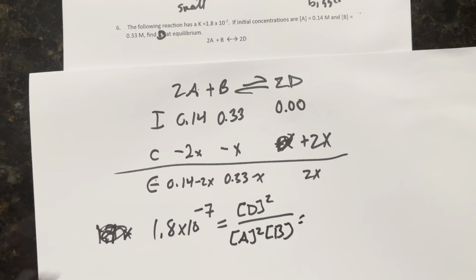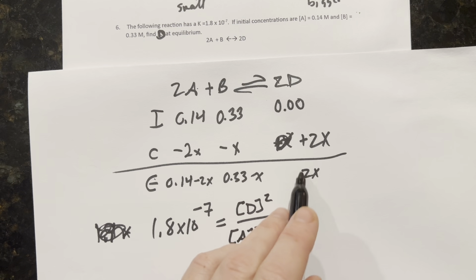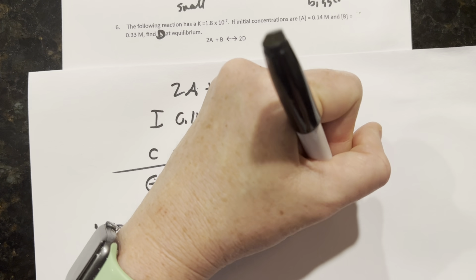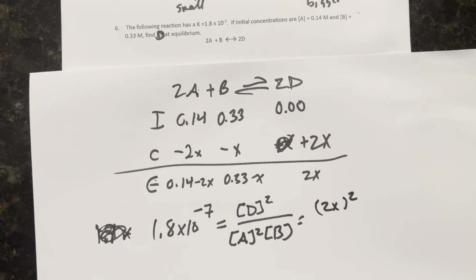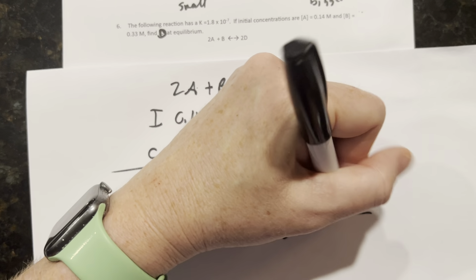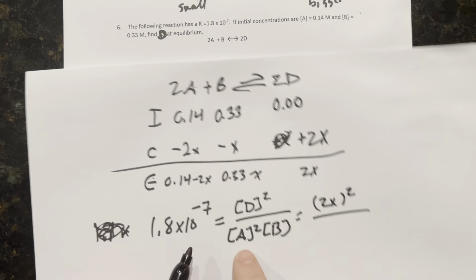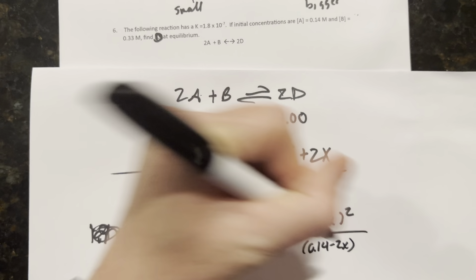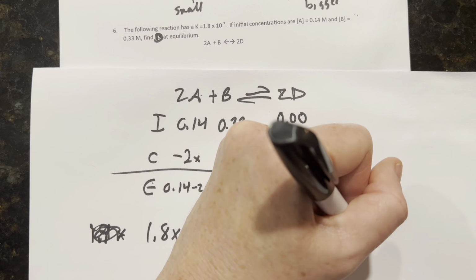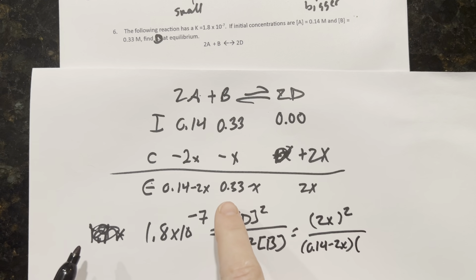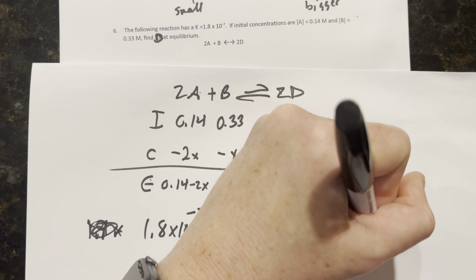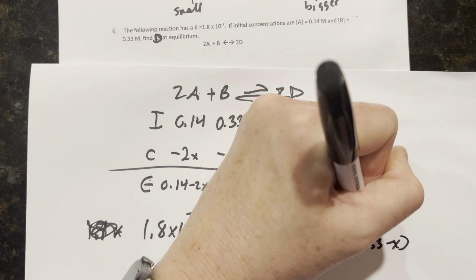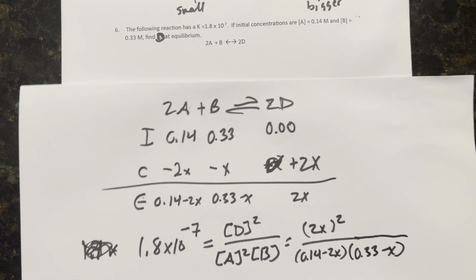So if we plug and chug these numbers at equilibrium, put this 2X into there, we have 2X squared all over 0.14 minus 2X times 0.33 minus X.